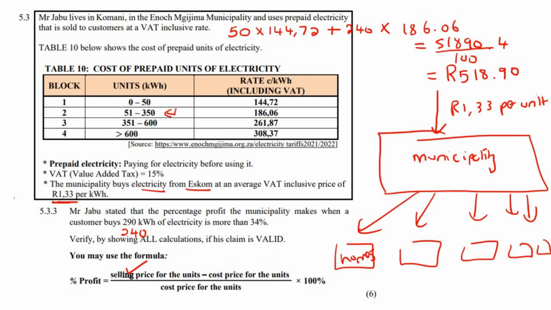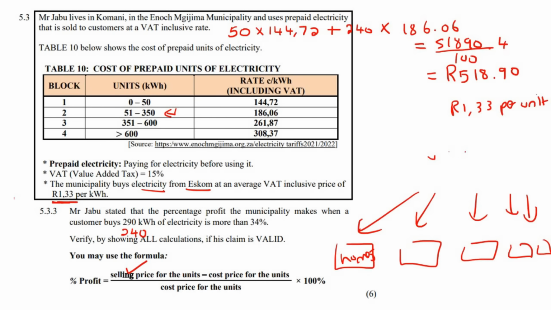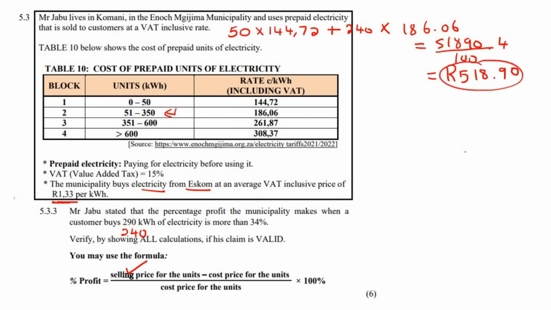The cost price is how much the municipality pays Eskom. This is the selling price, the price that normal people in South Africa pay. But now let's see what the municipality pays Eskom.